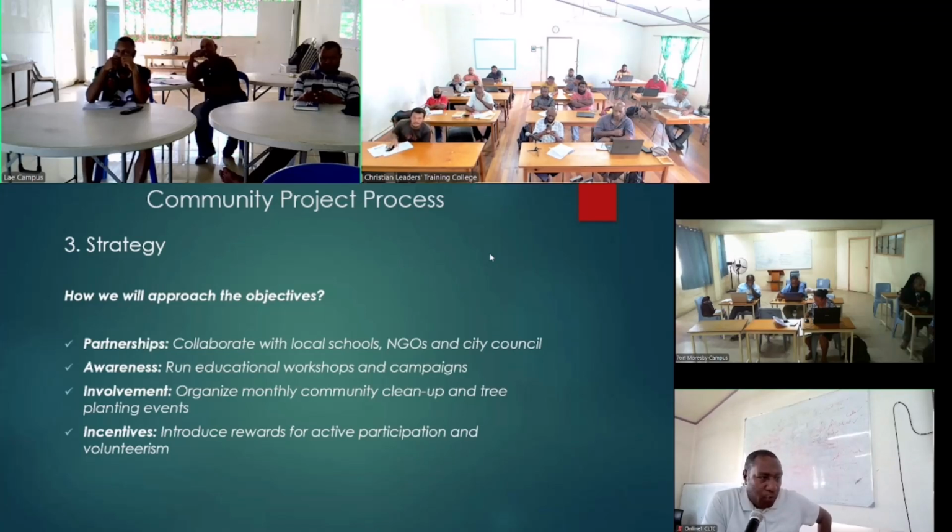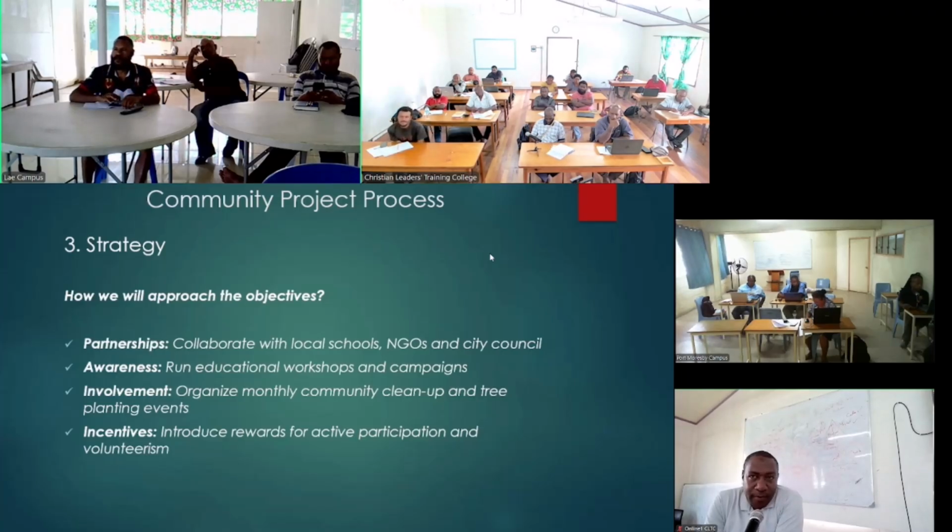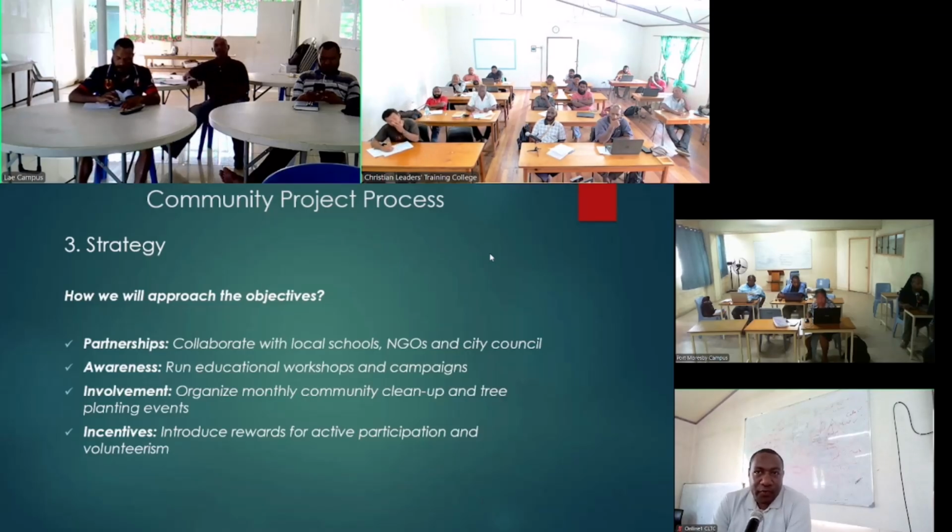So within a month, we are planning to plant 200 trees as our objective. And also, we must never forget about incentives or rewards. Each time you participate, a small gift or reward and thank yous from the sponsors that we receive for the beautification and tree planting program.